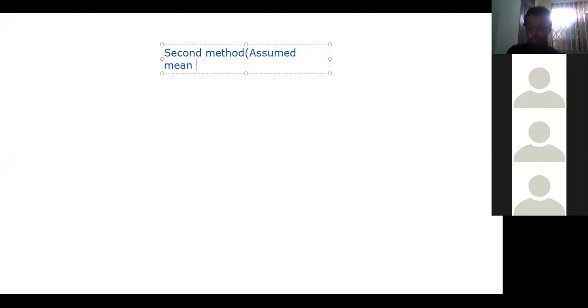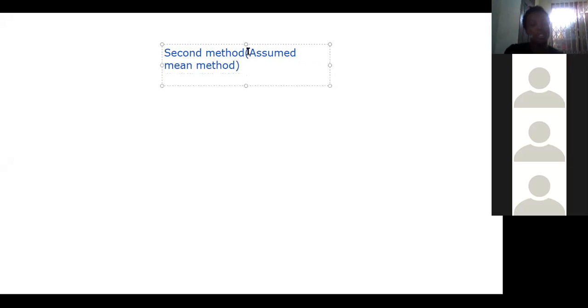Assumed mean method. When we talk about assumed, that means you assume that the mean is a certain number. Normally the question will tell you to take the assumed mean to be this.